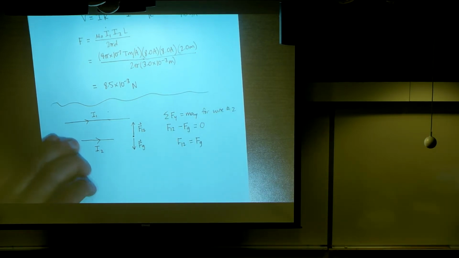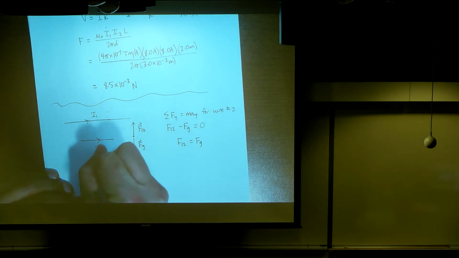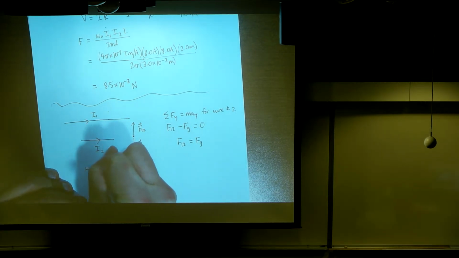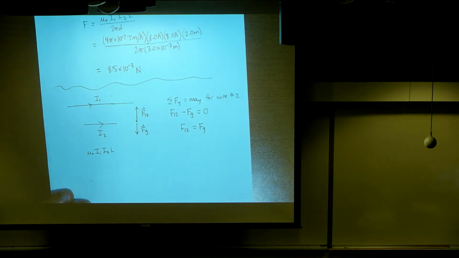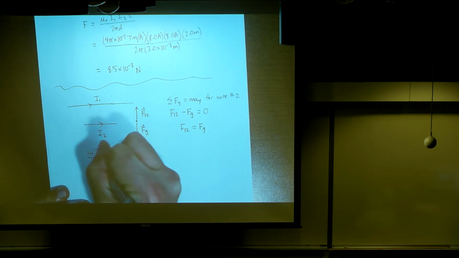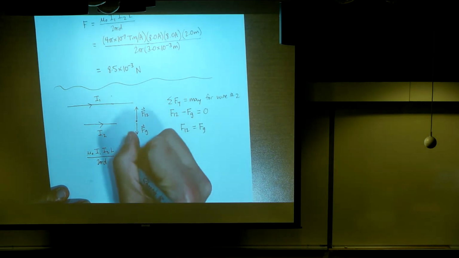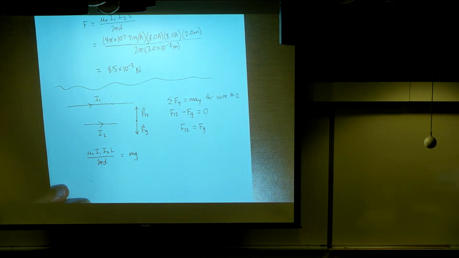So for F12, that's our result derived previously, which says mu naught I1, I2 times the length, which I'll just call L, whatever this length is, divided by 2 pi d. Now that's going to equal gravity, mg. Remember, I'm trying to find I2.